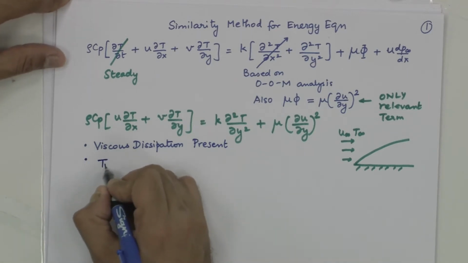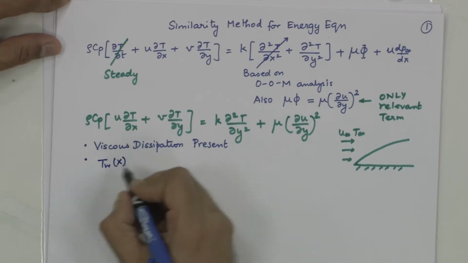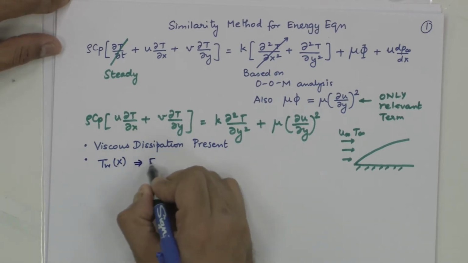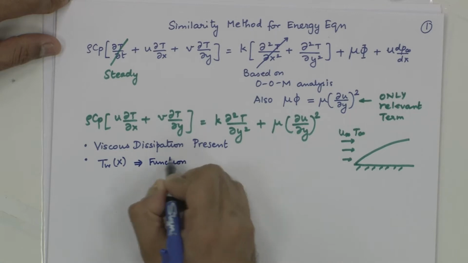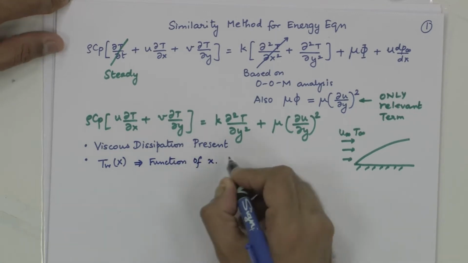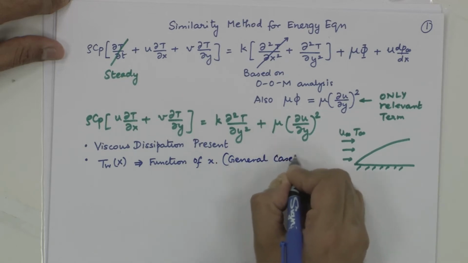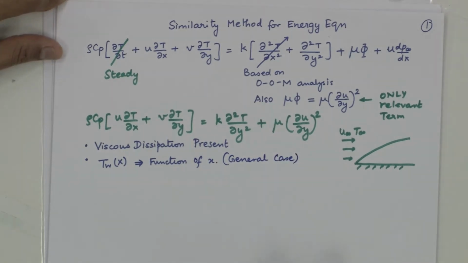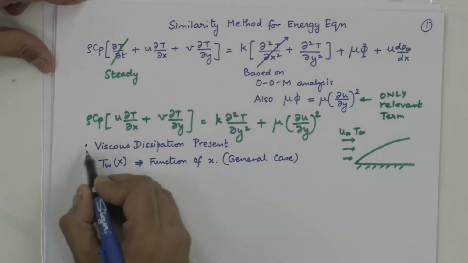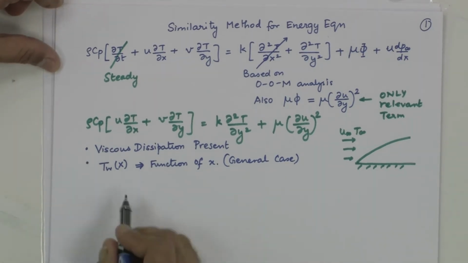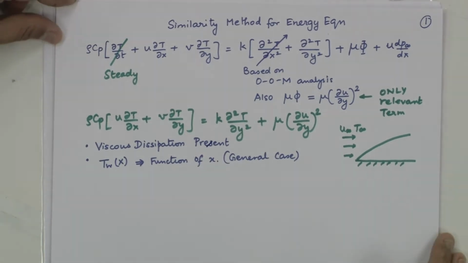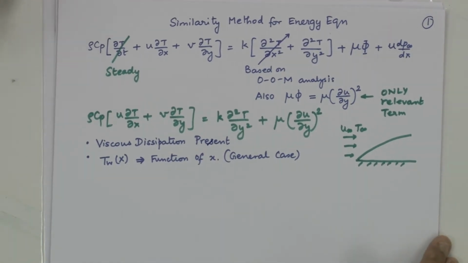Tw of x is now a function of x. So this is a general case. This can be made to a case where Tw of x is only a constant. So we are talking of both these general cases, where viscous dissipation is present and where the wall temperature is going to be a function of x.